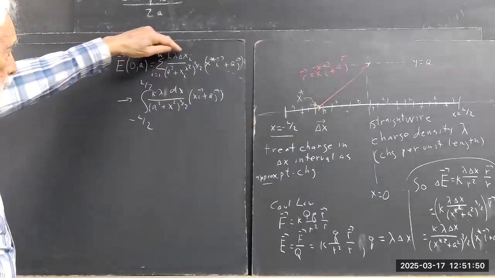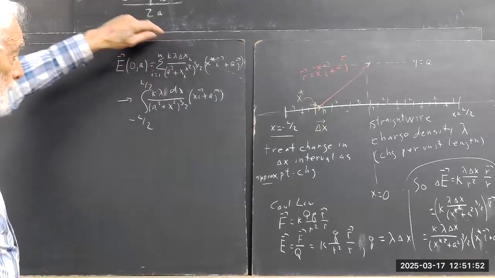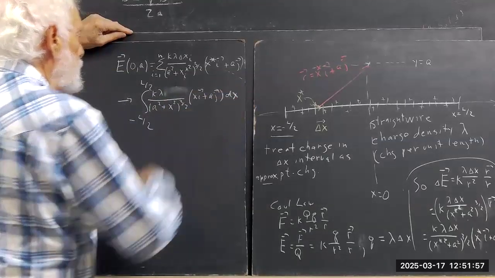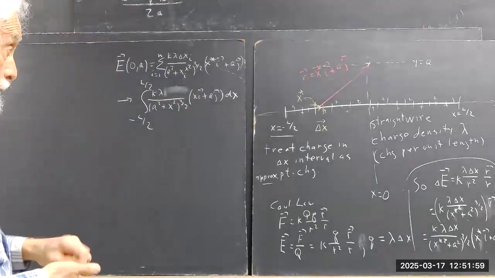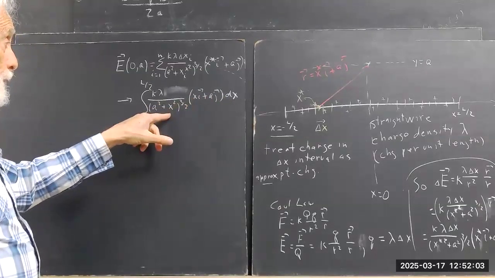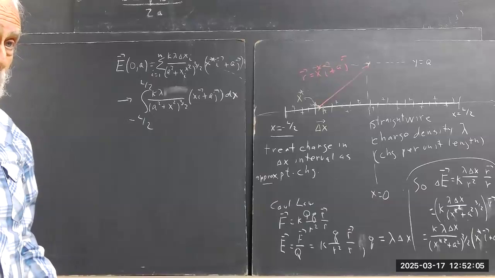Now that's putting things in the same order I have them up here. But we usually want our dx out here at the end of our integrand, so that we know that we're integrating this x as well as this. Okay.